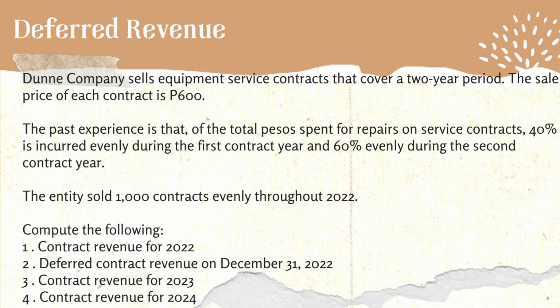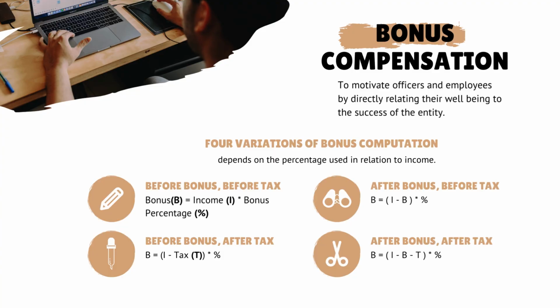So, let's just proceed to the last topic, which is bonus compensation. Bonus compensation is done in order to motivate officers and employees by directly relating their well-being to the success of the entity. If you are given a bonus, you are happy. If you are happy, you are motivated to work.